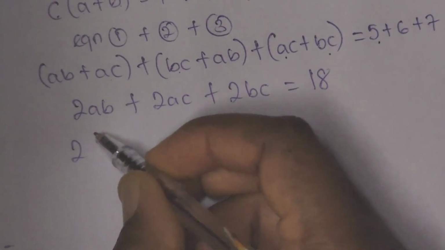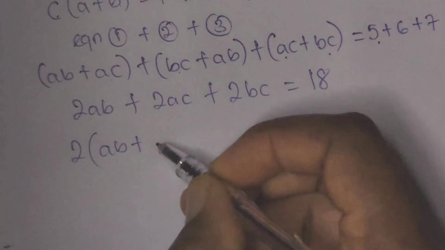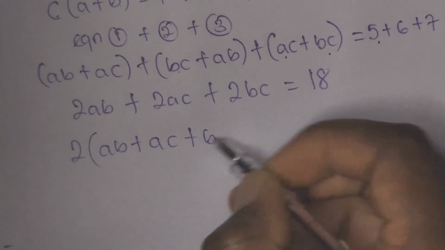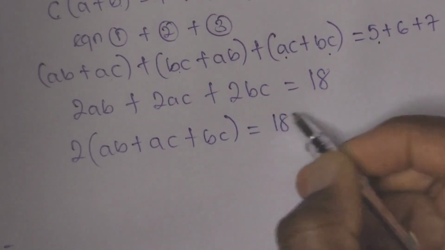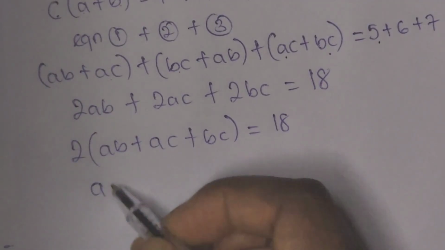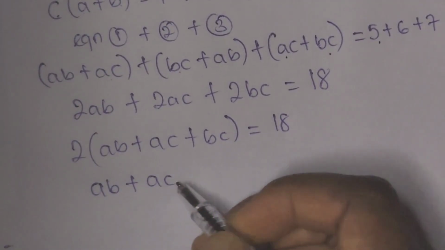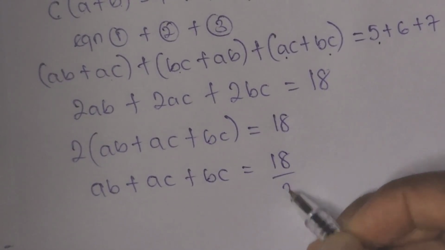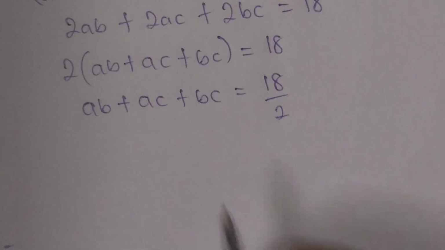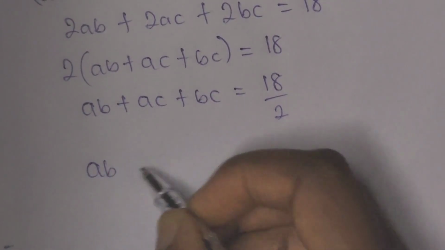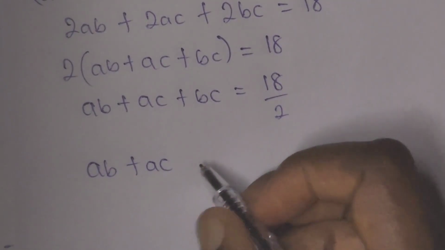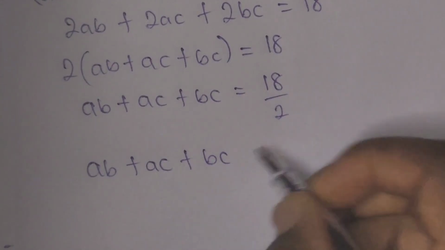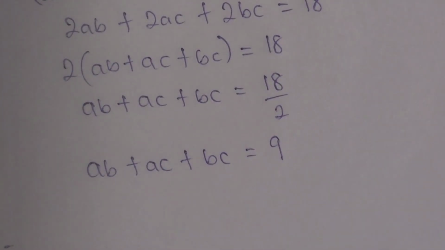We have 2 times (AB plus AC plus BC) equal to 18. So AB plus AC plus BC is equal to 18 over 2. This means that AB plus AC plus BC is equal to 9.